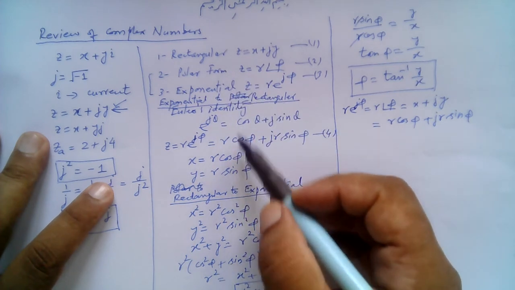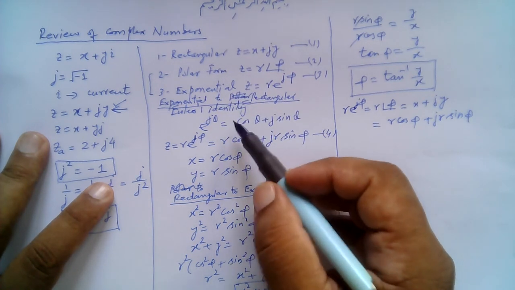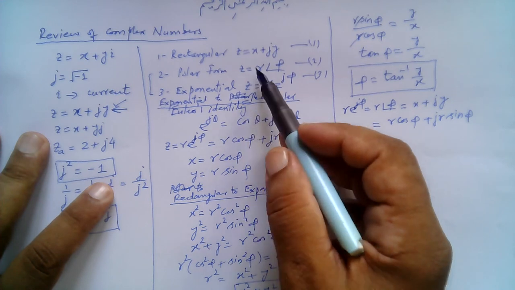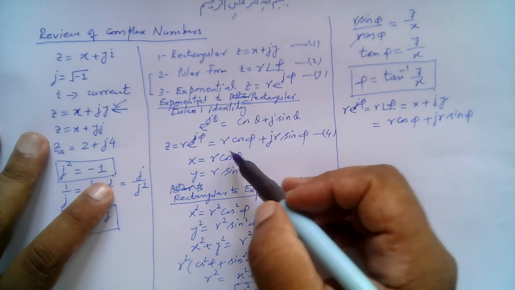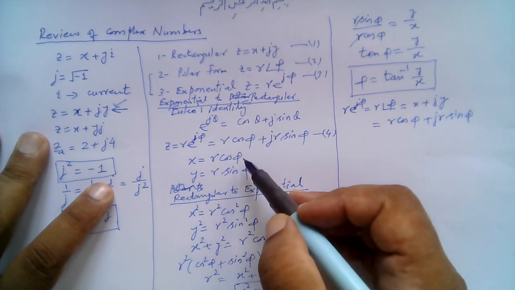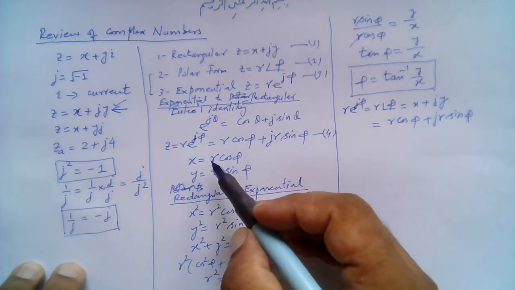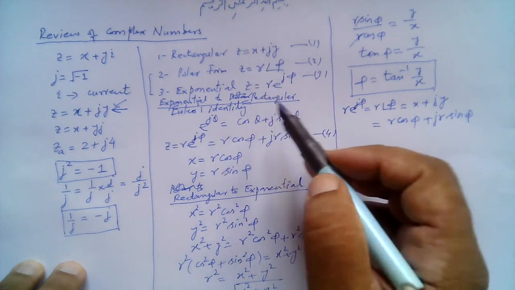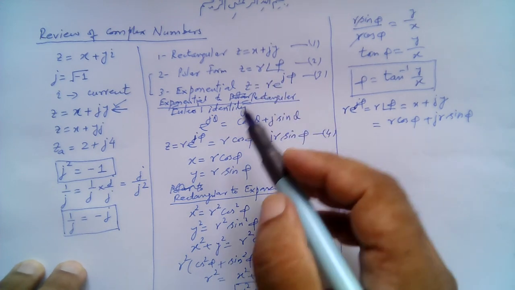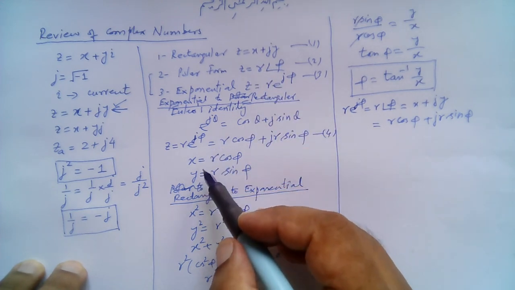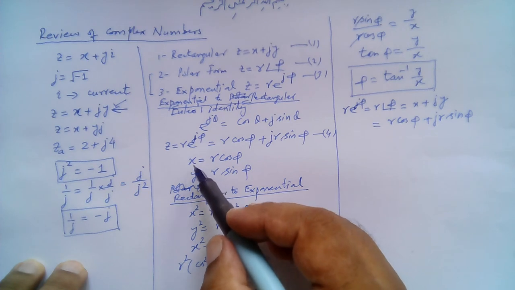And given the polar or exponential form, we can find the rectangular form. If we have phi and r, either from the polar form or the exponential form, we can find the rectangular components x and y.